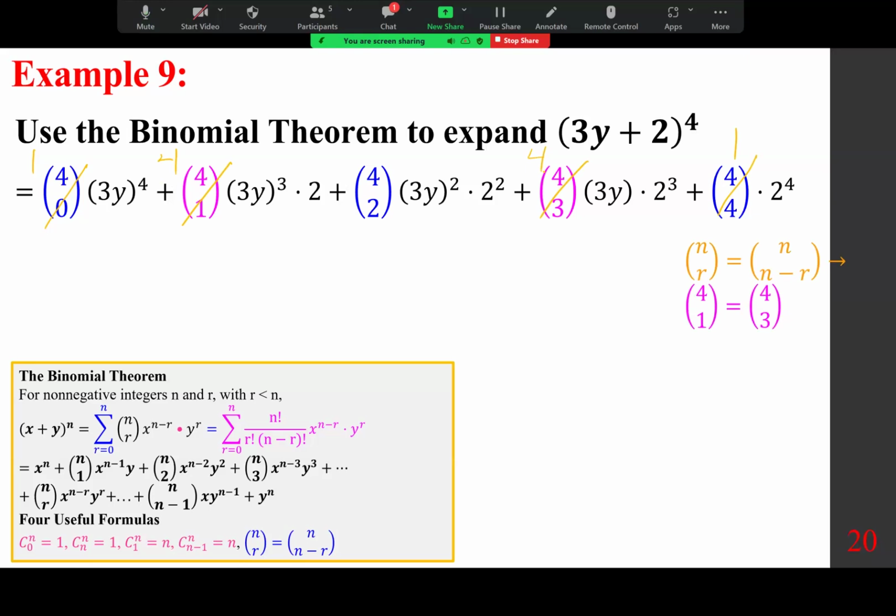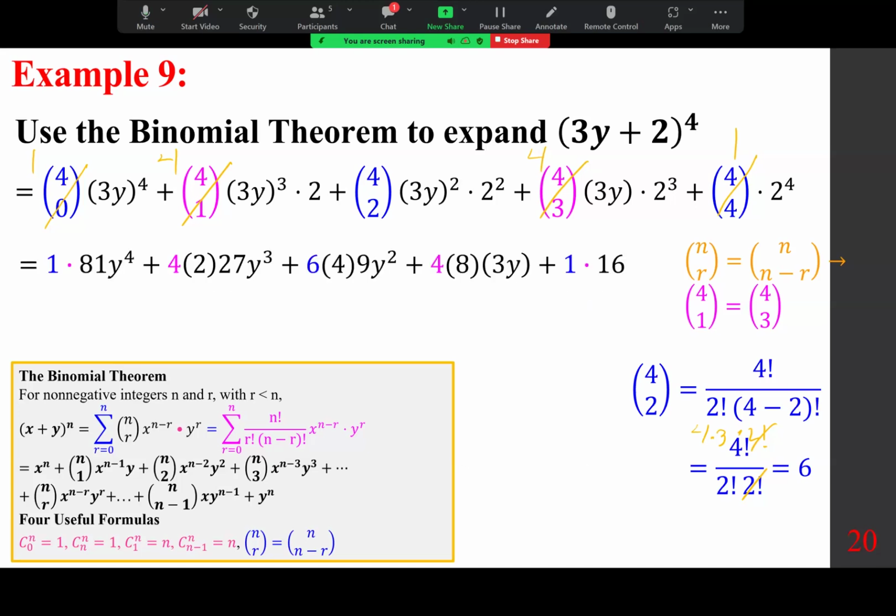And then we do (4 choose 2), which is 4 factorial over 2 factorial times (4 minus 2) factorial, which is this. So this is simply 4 times 3 times 2 factorial over 2 factorial times 2 factorial, and then 12 divided by 2 is 6. So we have everything we want.